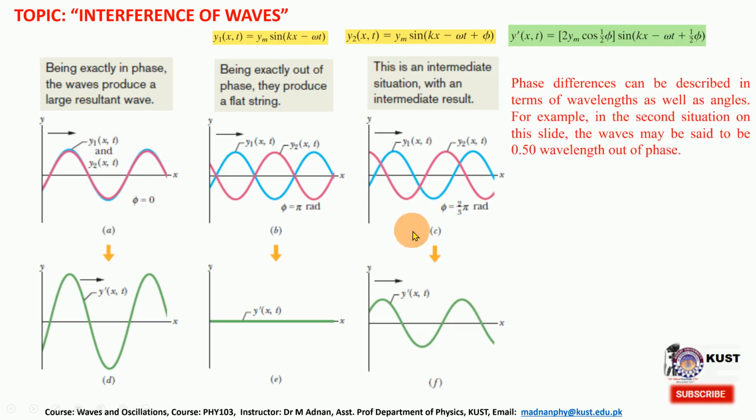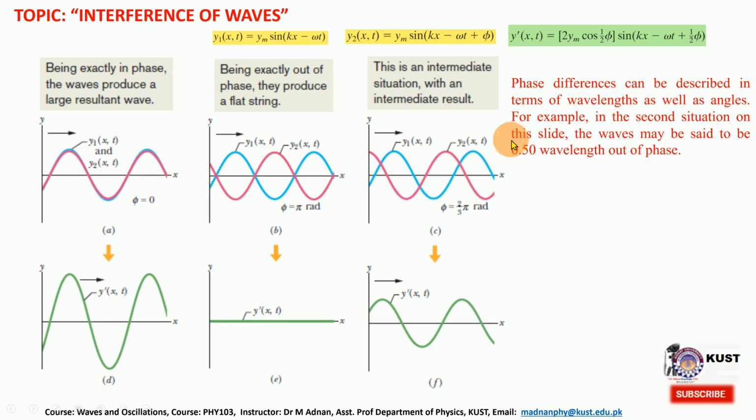Now, this description of constructive and destructive interference can also be done in terms of wavelength. For example, on this slide, we are discussing in terms of the phase difference phi. One can also do it in terms of lambda. For example, phase difference can be described in terms of wavelength as well.